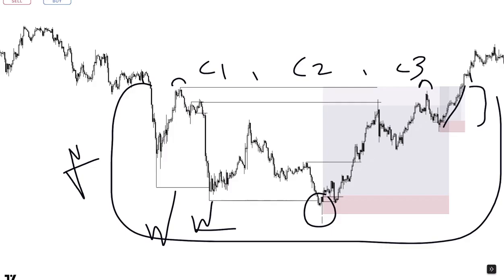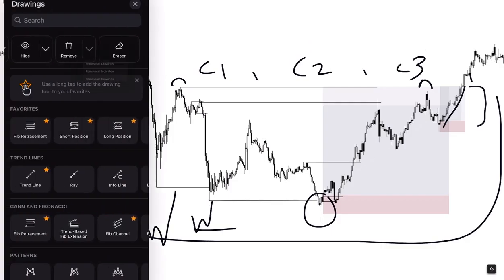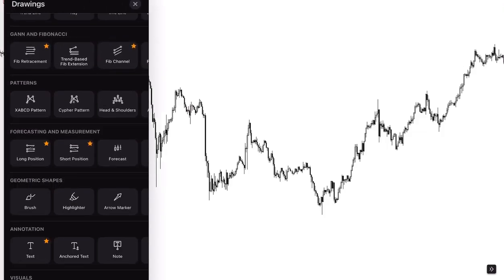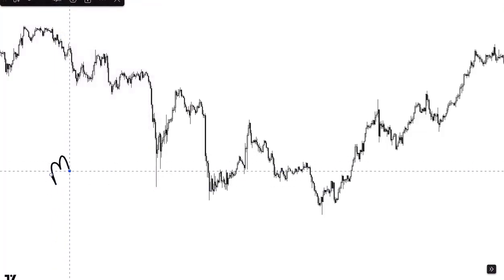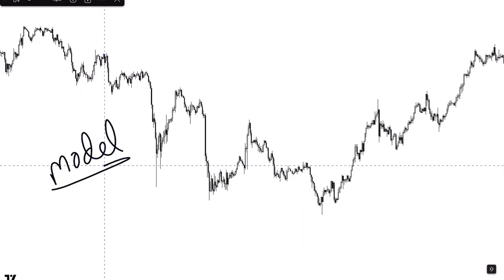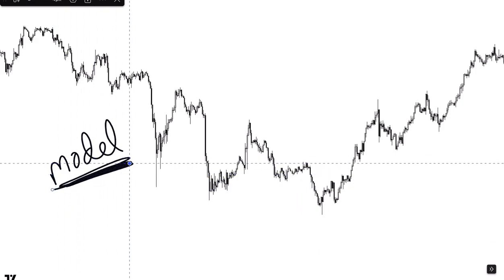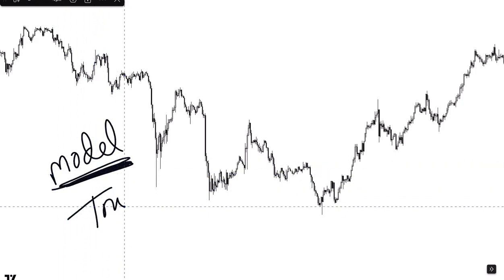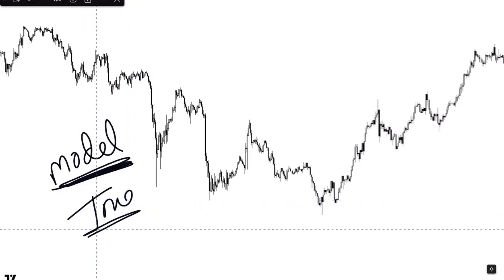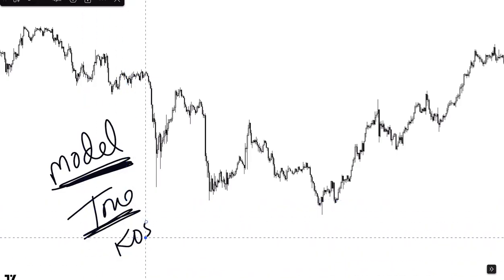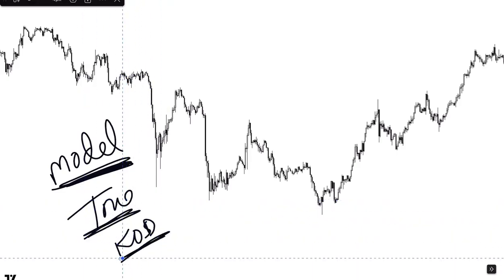Either a model number 1, with its nuances and details, obviously, and a true market structure shift, and a kiss of death turtle soup.